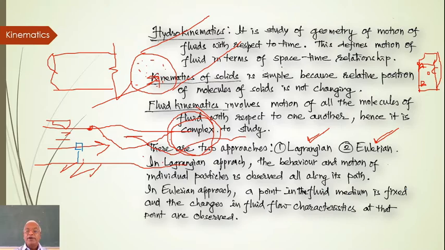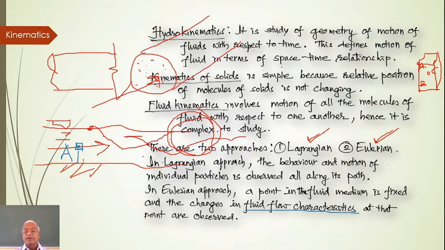A point in a fluid is fixed, and the changes in fluid flow characteristics at that point are studied or observed with respect to, of course, time. Here if I say the point A over here, so at point A, with respect to time, whether the velocity is changing, whether the pressure is changing, whether the depth is changing, everything you have to study, right? So fixing a point in space and then studying fluid flow characteristics.